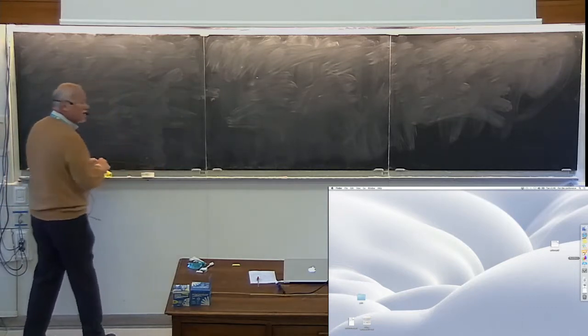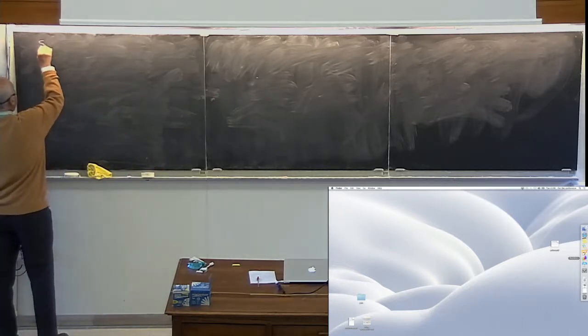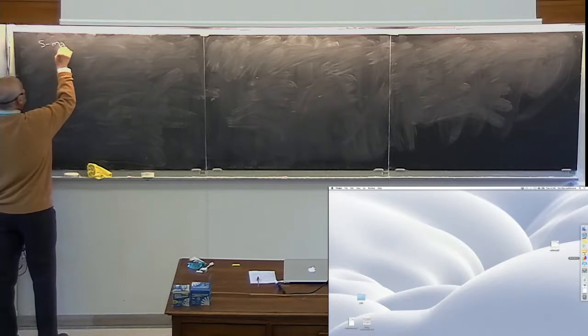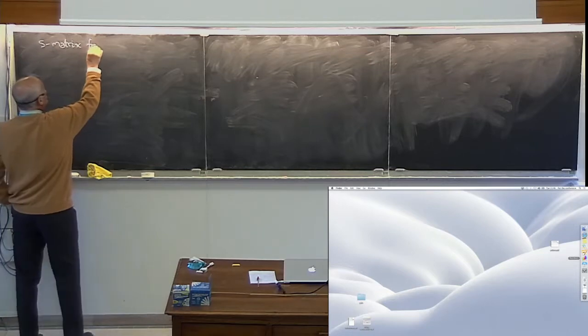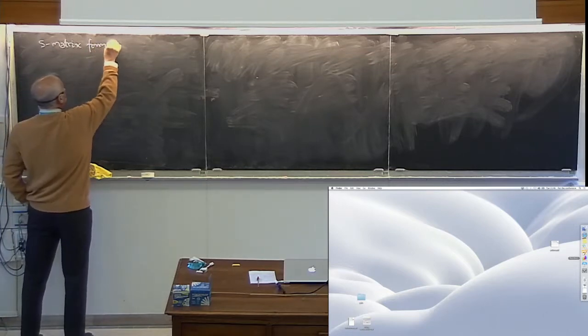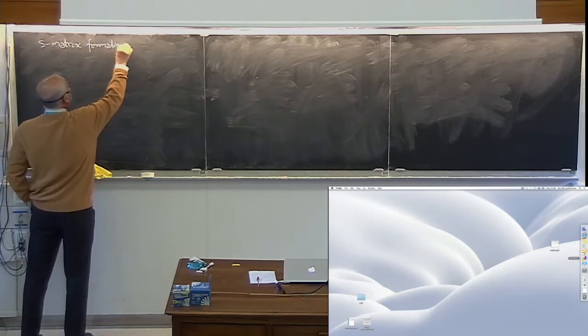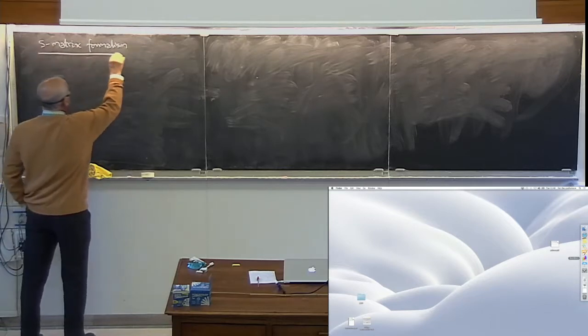So we're going to take maybe 10 minutes on what you might call S-matrix formalism, and I'm assuming that this is the kind of thing that you can look up in a textbook if it's not familiar to you, or I just give you a reminder.